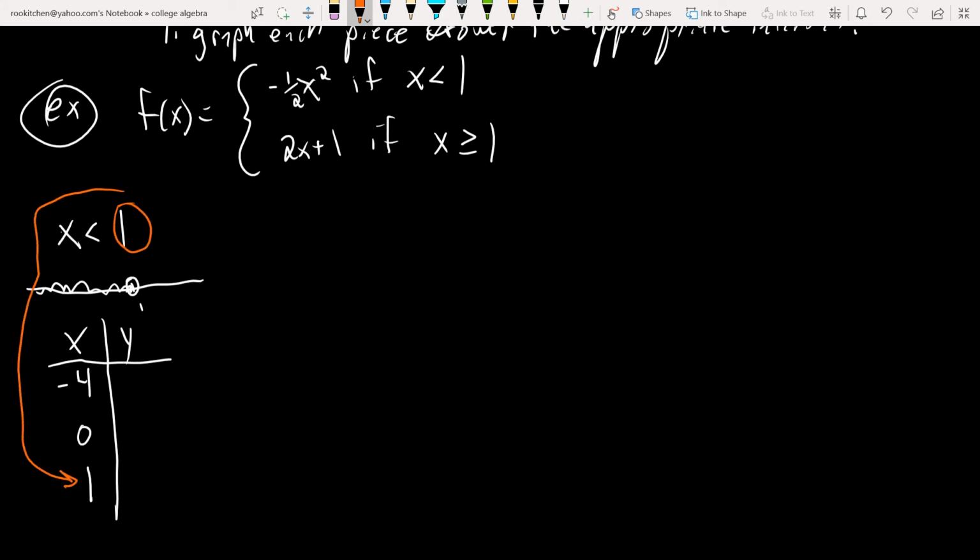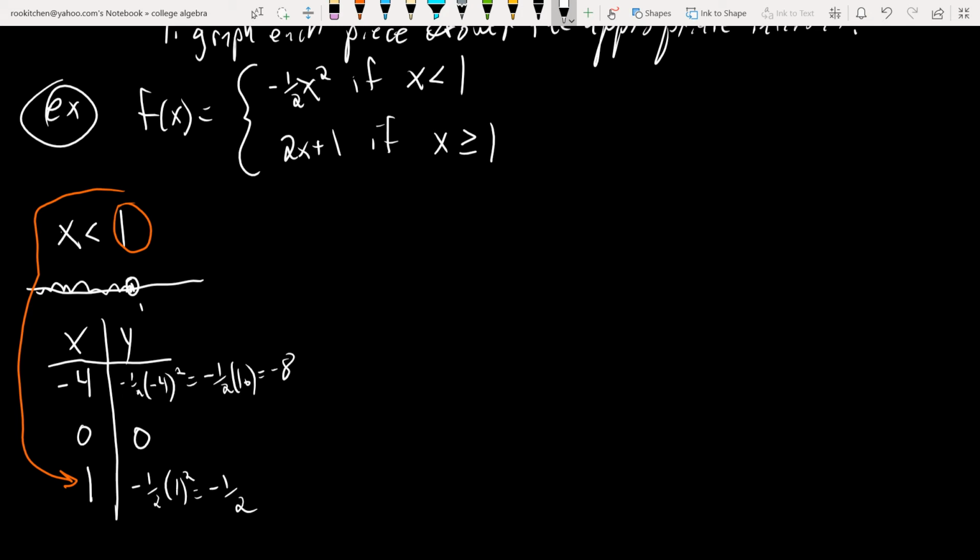You see I'm using that value in my chart. I put in negative 4, I get negative 1/2 times negative 4 squared, which is negative 1/2 times 16, which is negative 8. Then I plug in 0, which is just 0. I plug in 1, I get negative 1/2 times 1 squared, which is just negative 1/2.